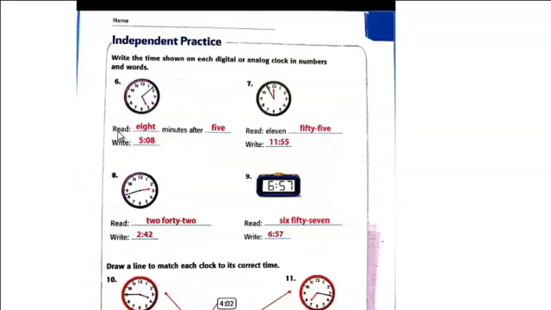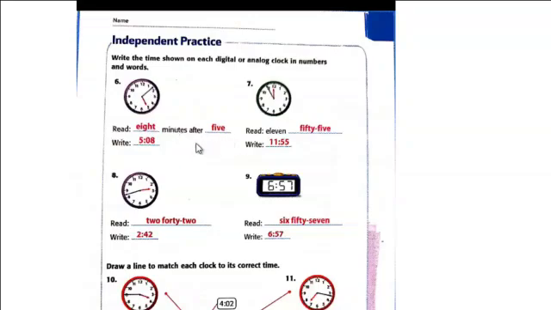Example number 6. Here, read and write. This is an analog clock. Okay? What minutes after what? Here, the long hand is pointing to the minutes. So from 12 to 1 there are 5 minutes. After 1, 6, 7, 8. So write here 8 minutes.